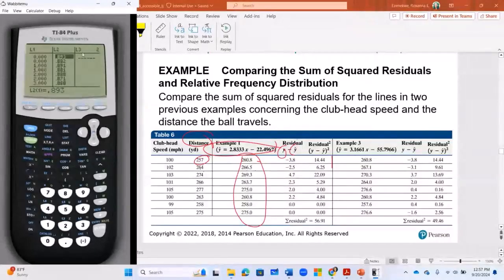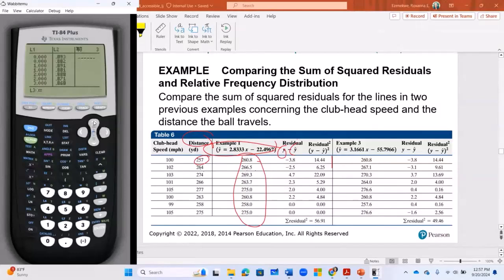So now I am going to put my predicted in L3. What I'm going to do is substitute each corresponding value of L1 into that equation. Watch how I'm going to do it.